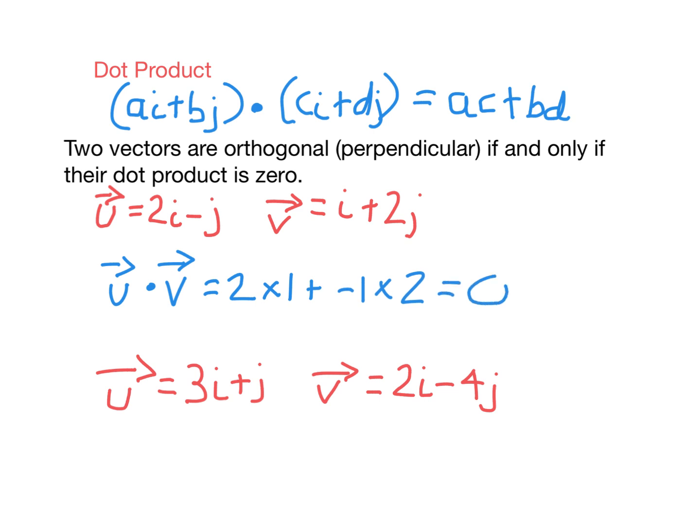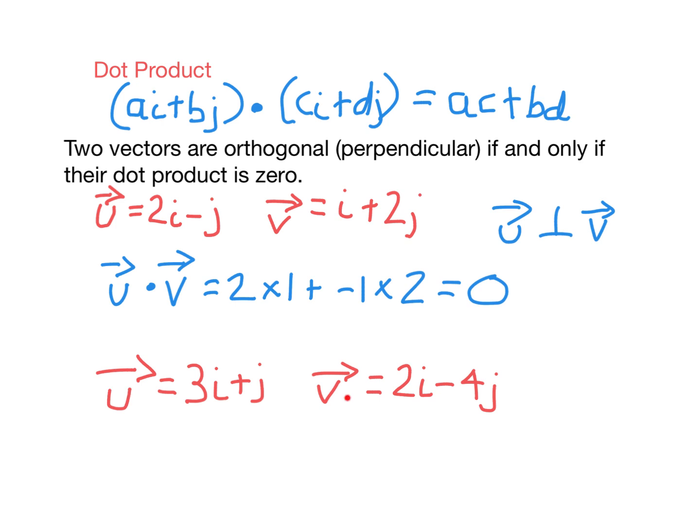Now here I get 0. What that means is that u and v are perpendicular to each other. This statement says u is perpendicular to v. Just note that the dot product is commutative, so I always get the same answer if I do u dot v as if I do v dot u.